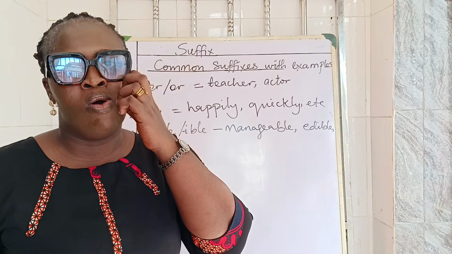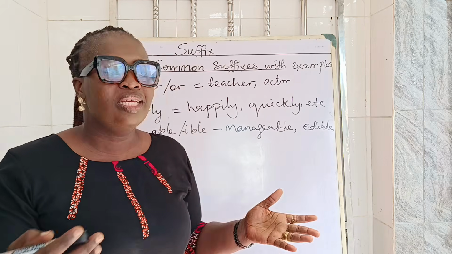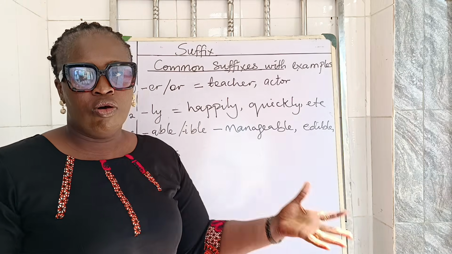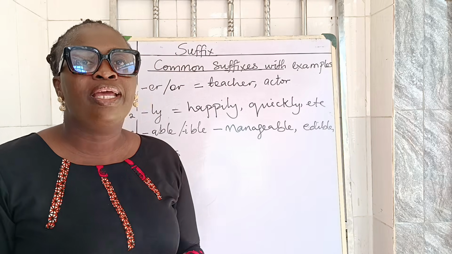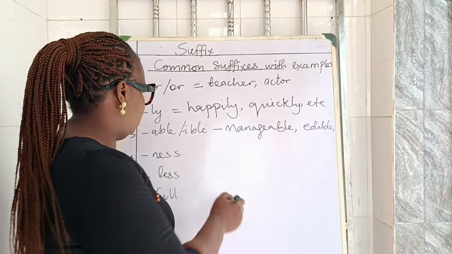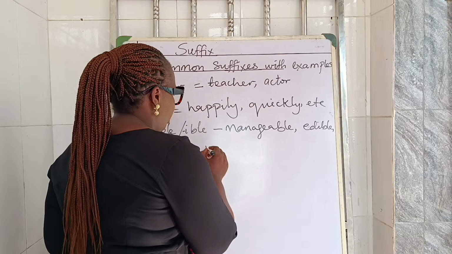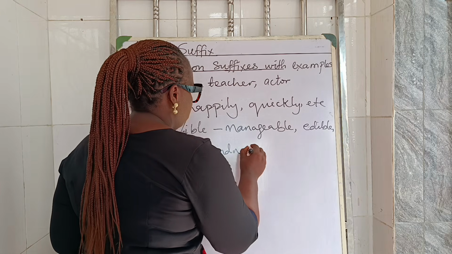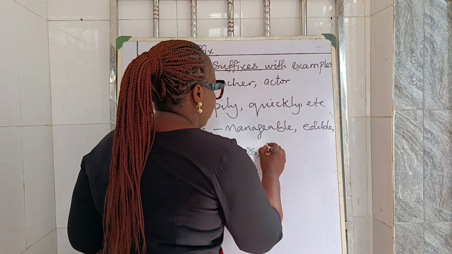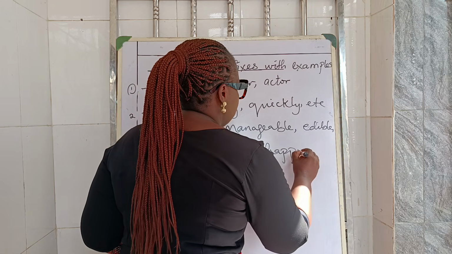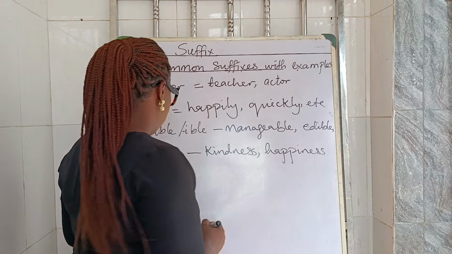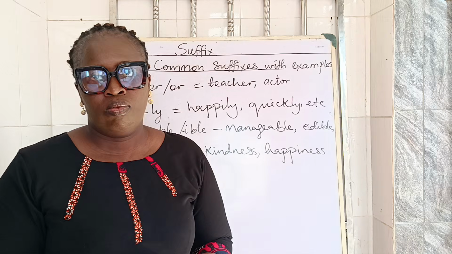Let's go to number 4, ness. It is a common one. Ness, which means state of. What kind of state? Kindness, happiness, and so on.